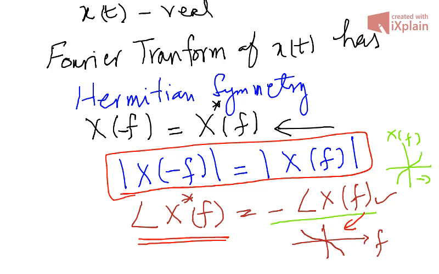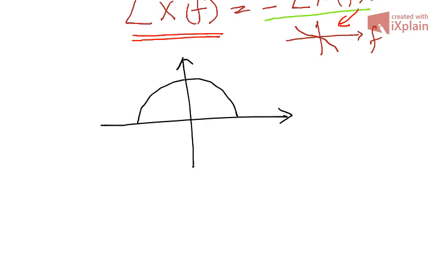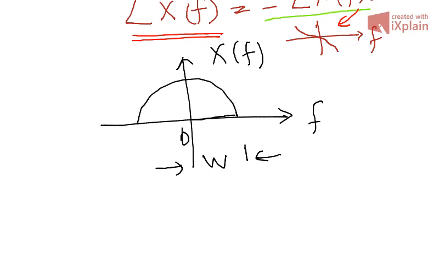So a real baseband signal looks like this, which has the frequency components. It has its bandwidth W. This is the positive frequencies, and this is known as the bandwidth of this signal.